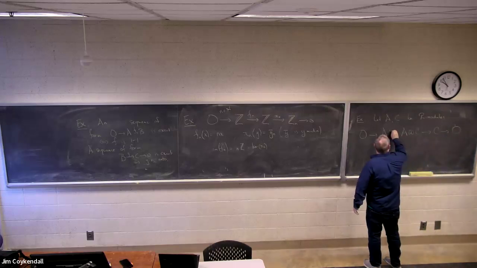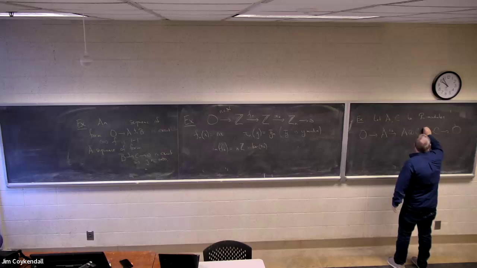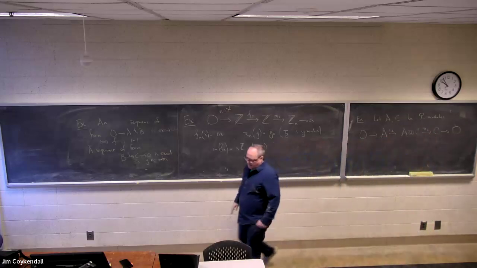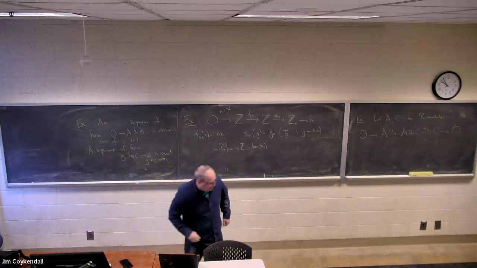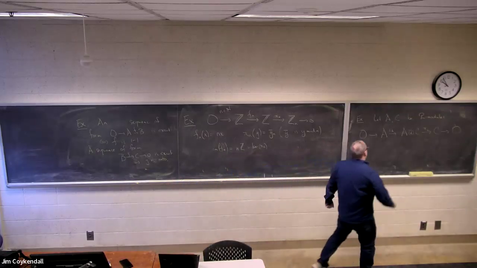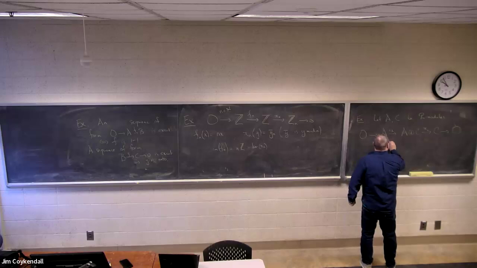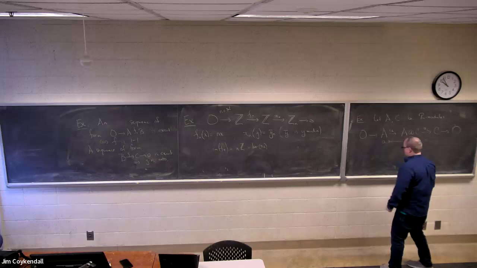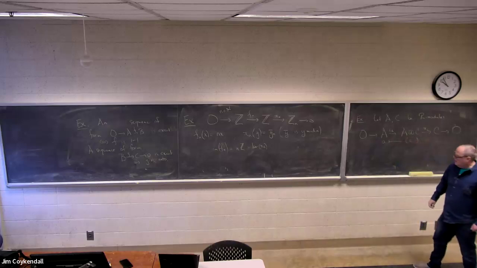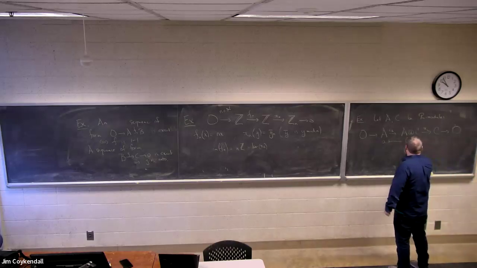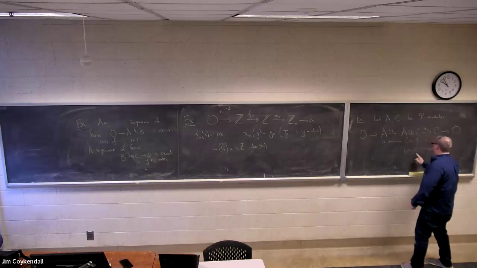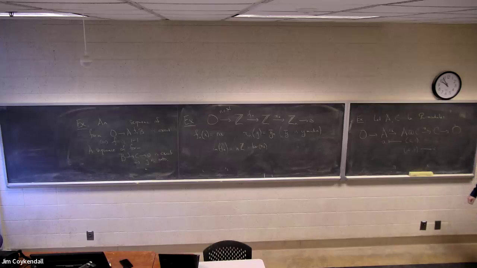I'm going to define this map as inclusion into A, and this is projection onto C. The way the composition works here is a goes to the ordered pair (a, 0). And the second map takes the ordered pair (a, c) and just reads the last coordinate.